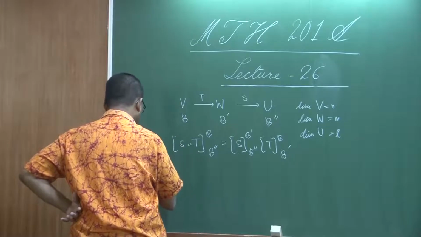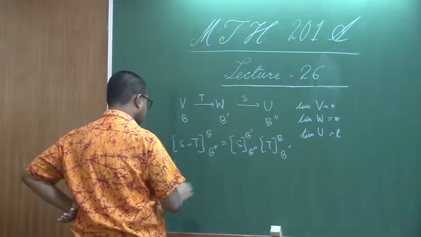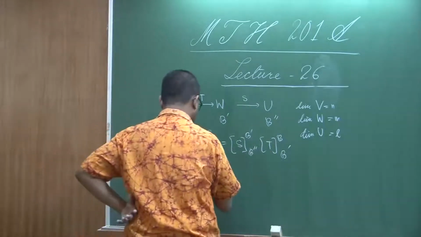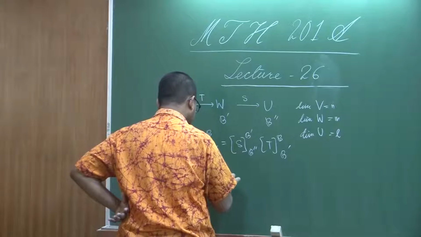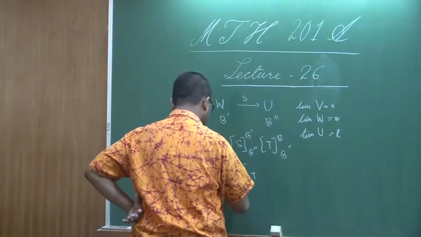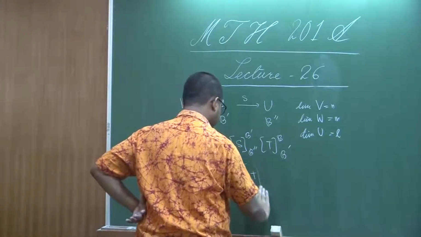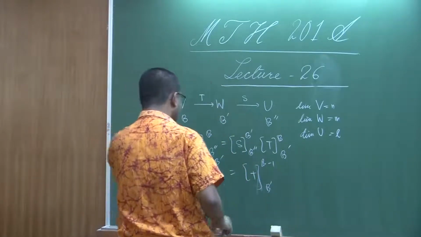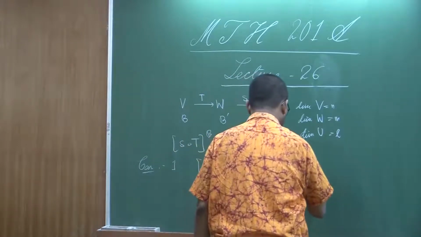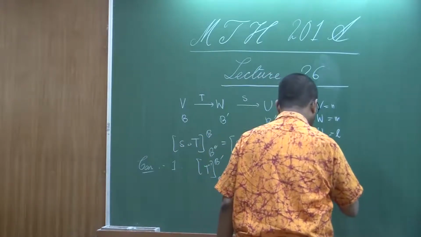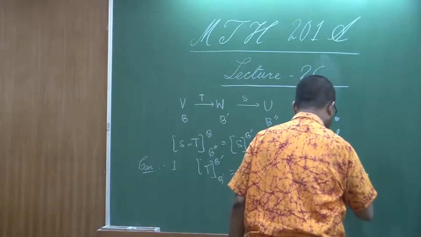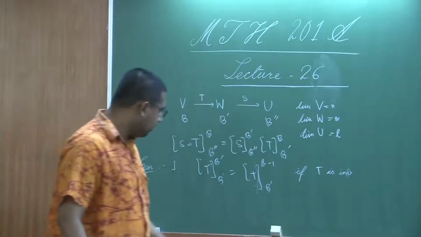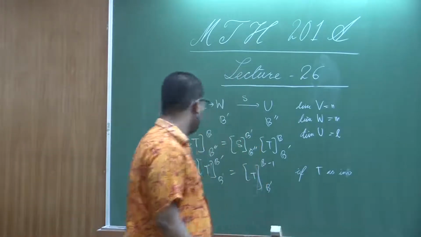One corollary we have already seen: if m equal to n, then the matrix of T inverse with respect to B prime, B is the same as the inverse of the matrix of T with respect to B, B prime, if T is invertible. So, we have thus proved that this one happens.